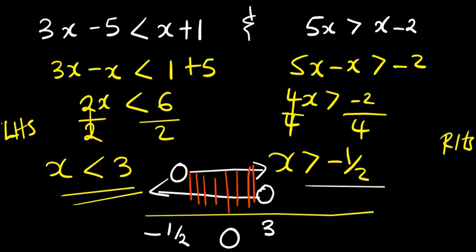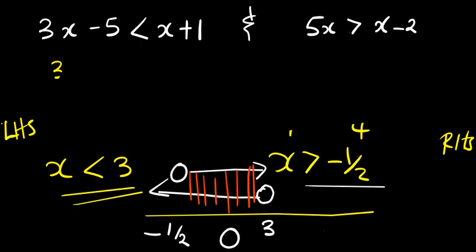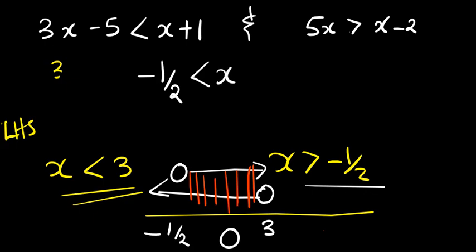Okay, so in this case the range of values will be x. Let's write it on top. If we're going to write it on top, the lowest value is negative half. x should be greater than negative half, but x should be less than 3, because that's the region that you want.